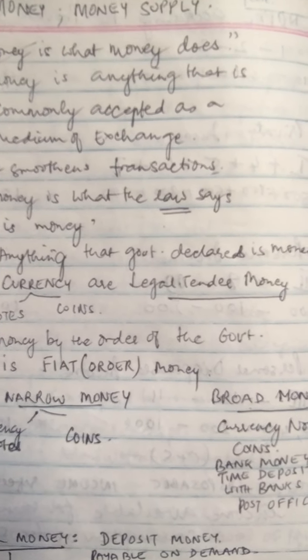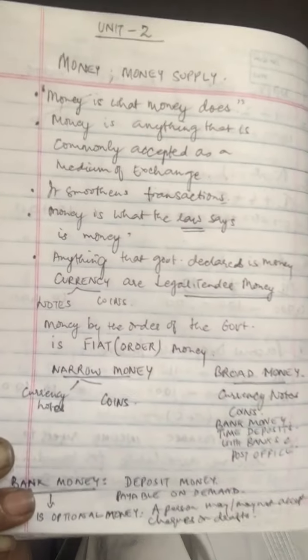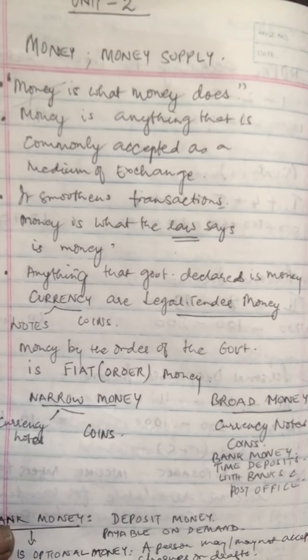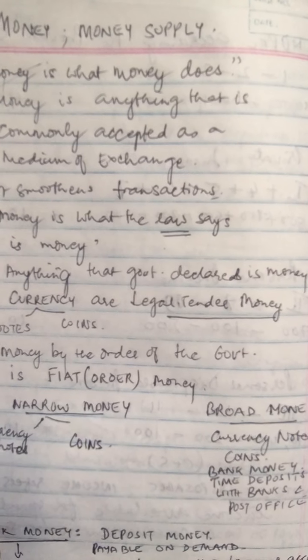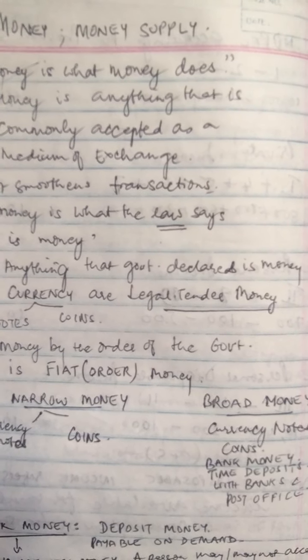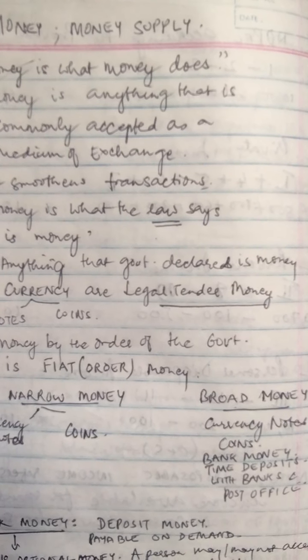On the note it is written, you must see this, I promise to pay the bearer the sum of rupees, and it is signed by the RBI governor.